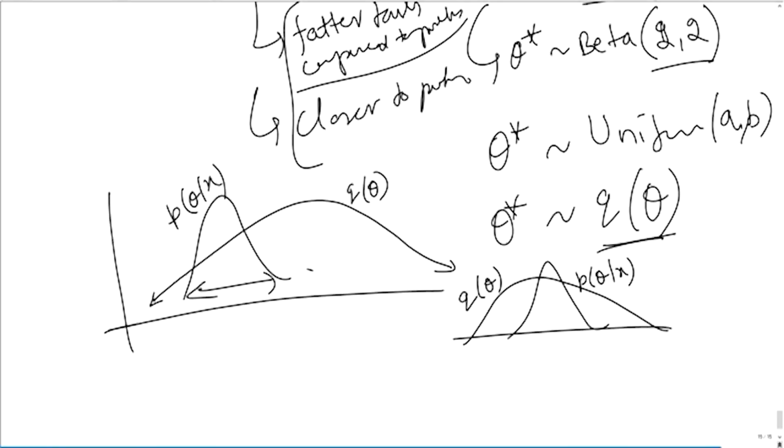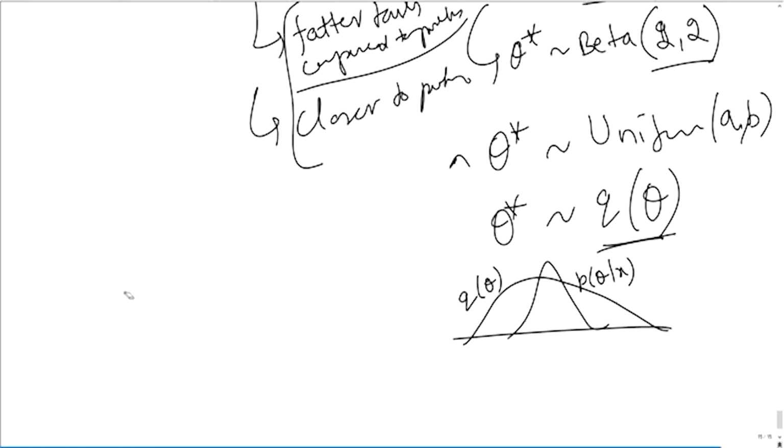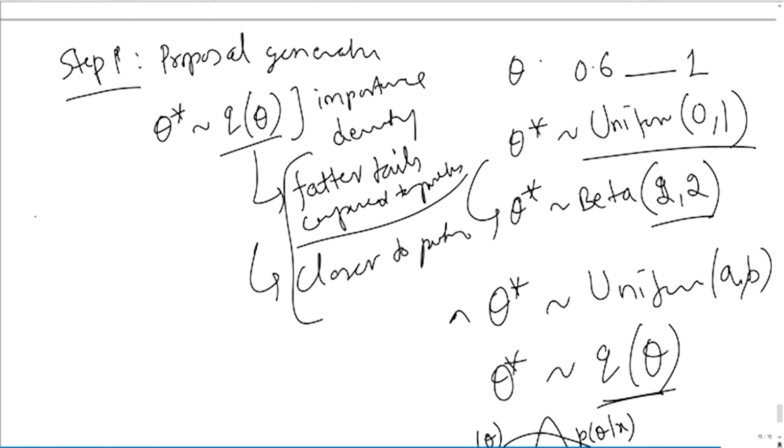It would still generate samples which are in the low posterior density region, but it is anyway better than, let's say, a uniform density that generates equidistant proposals between this point and this point. It is always more efficient than that one. Okay. So basically the goal is to make the proposal generation more efficient. Okay. So this is the only change you need.